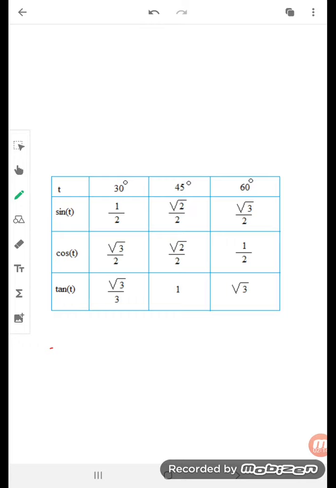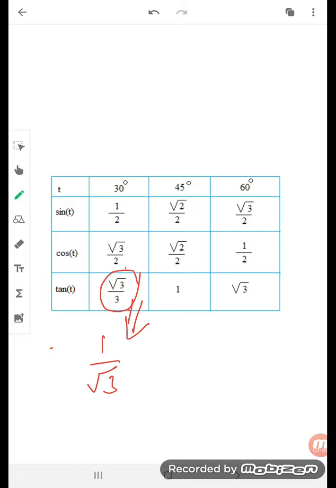So we can say sine 30 equals 1 over 2, cosine 30 equals square root 3 over 2, tan 30 equals square root 3 over 3, or we can write 1 over square root 3 because the two values are equivalent, but this value is in the simplest form, and when you use a calculator the answer is root 3 over 3.